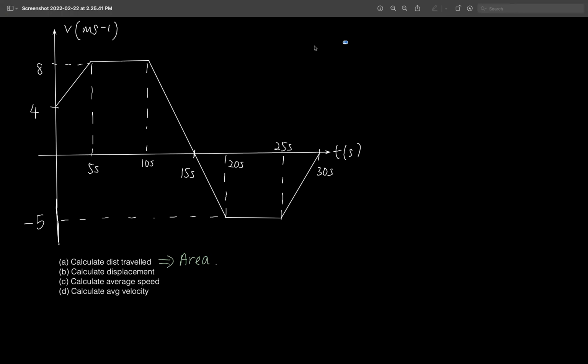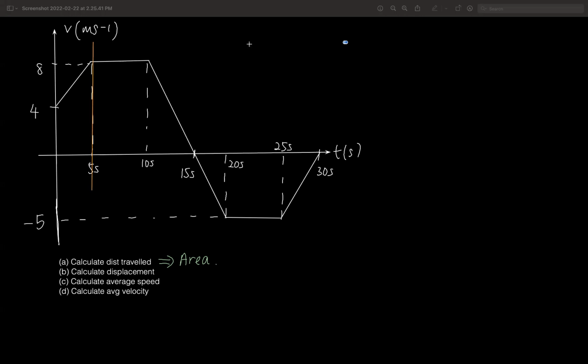A, B, C, D. You can cut it into sections. 如果我要找它的 area，我分它成不同的 shape.